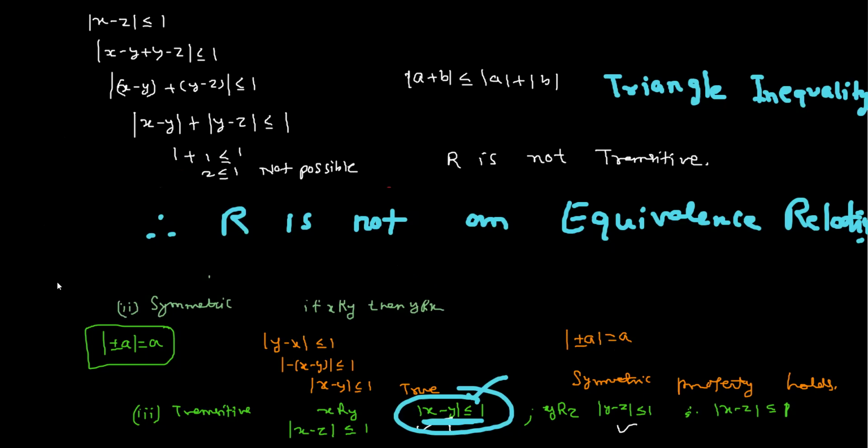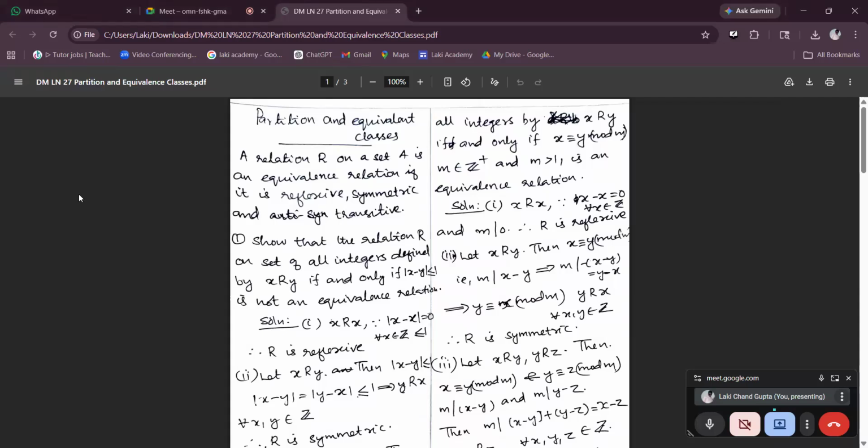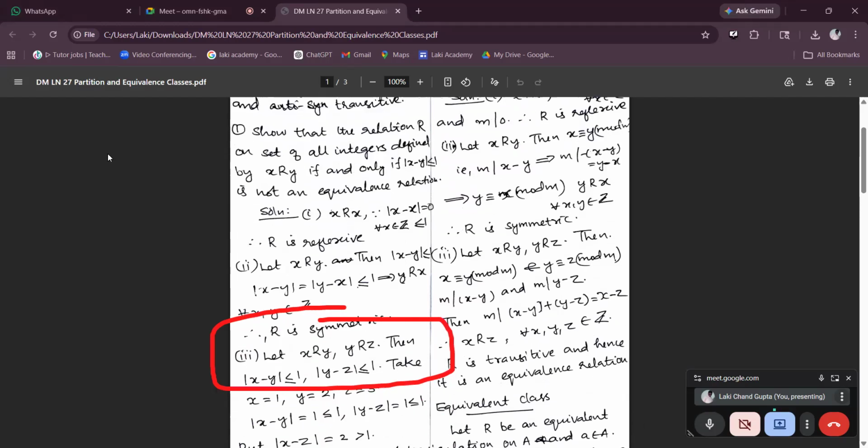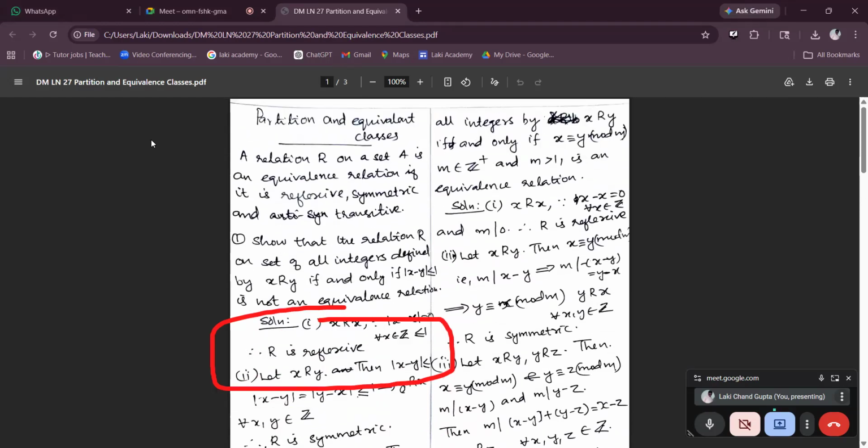One more question is there. Second question is what? See this. So that the relation on all integers if and only if x minus y is not. Okay. This is a very important question. See.